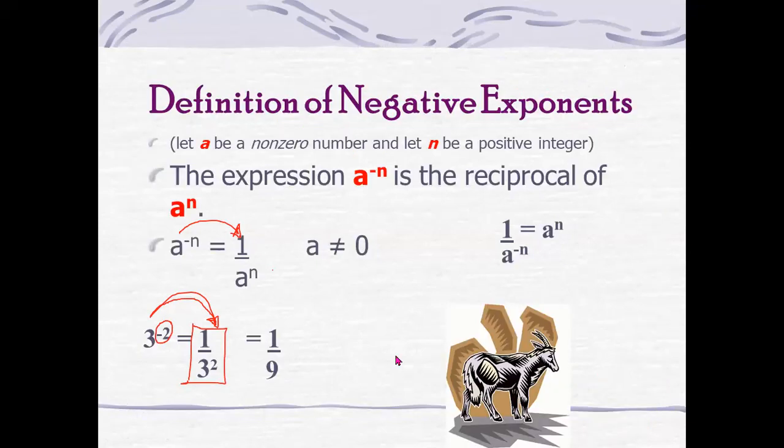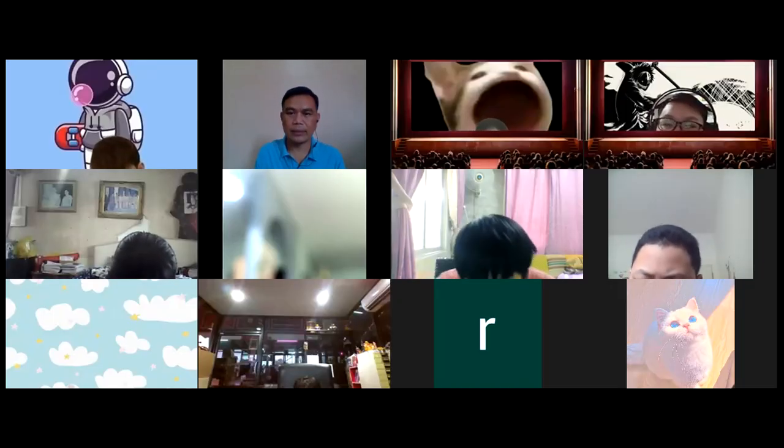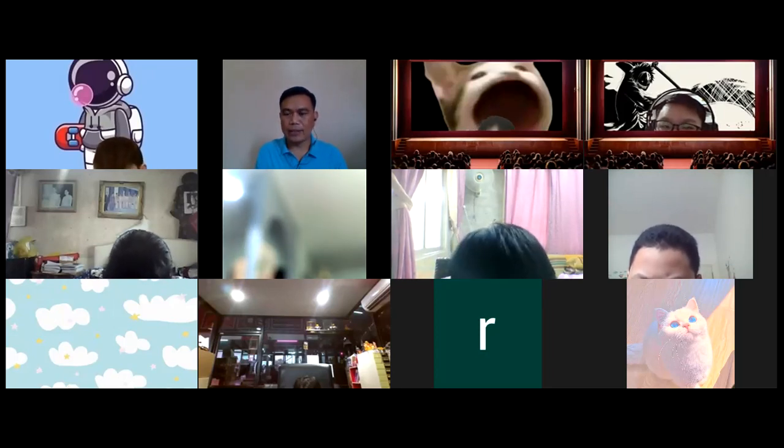Okay, so before we continue, do you understand so far negative integral indices, or having negative power?